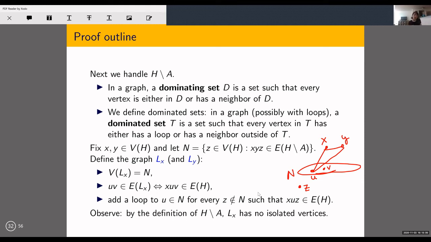All right, and by the definition of H minus A being the set of edges in which everything has codegree at least 2, the link graph will have no isolated vertices. Okay, and then we define the link graph of Y similarly.